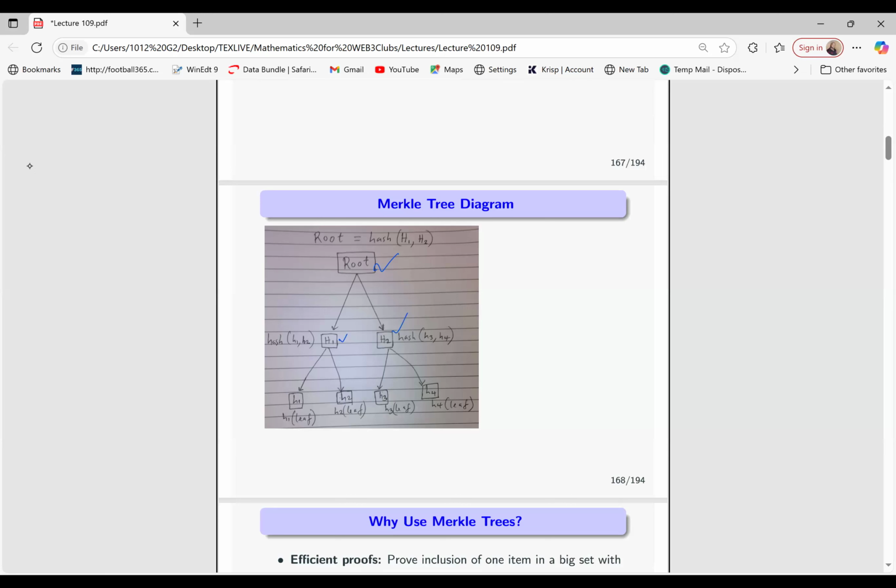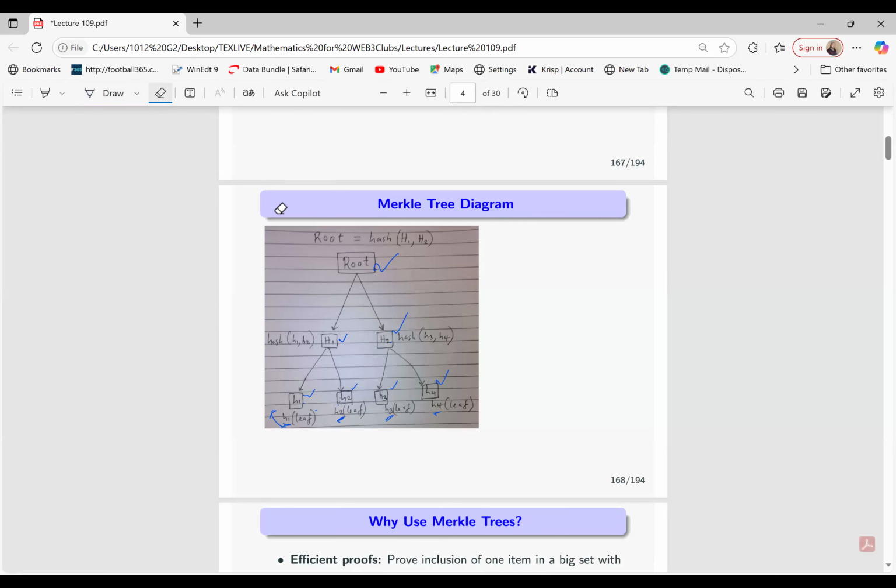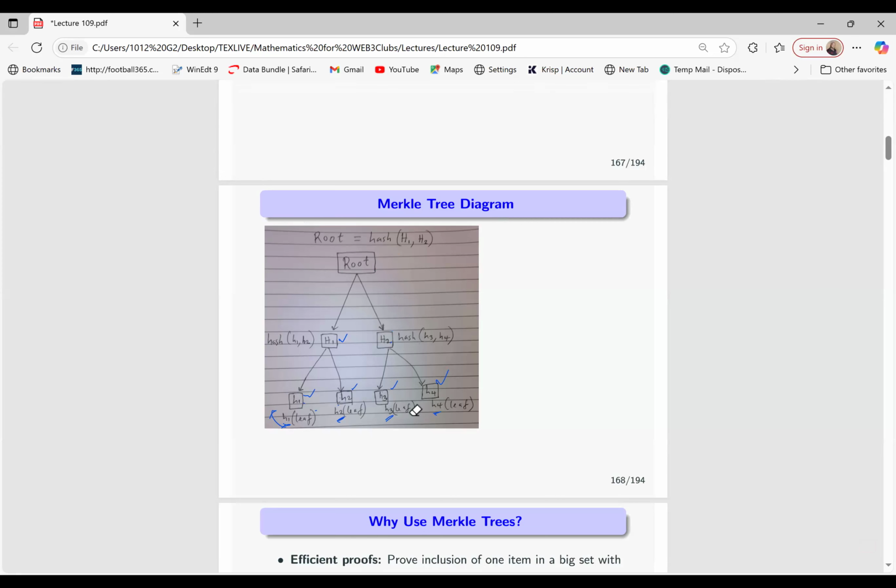So H1 has these two, H2 has these two, but now these are what we call the leaves. These are the leaves. So we have leaf H1, I believe H2, H3. So we want to prove that this leaf is part of this set without revealing the other elements of the set. That's what we will be looking at.